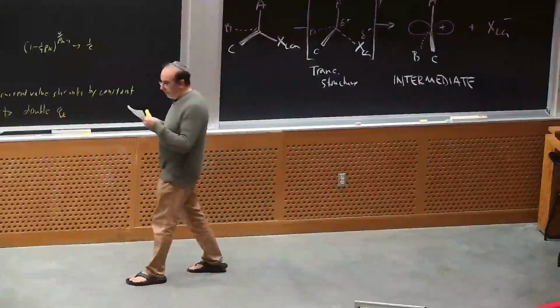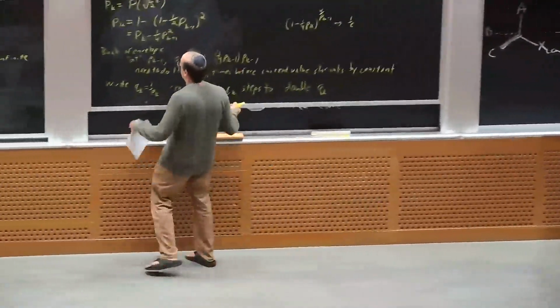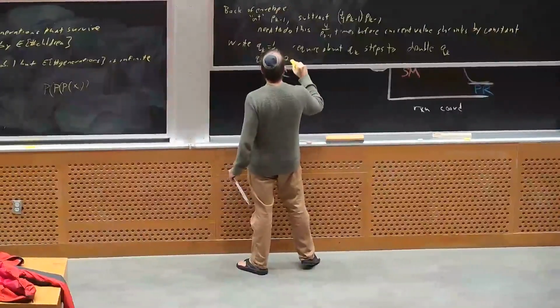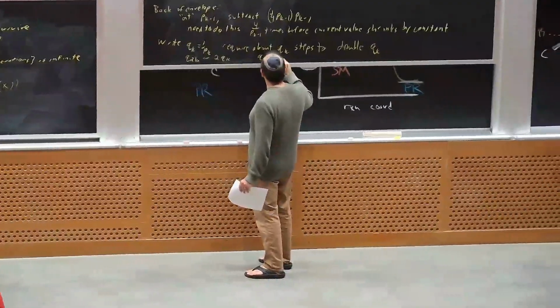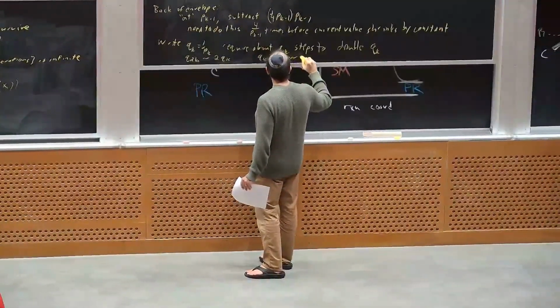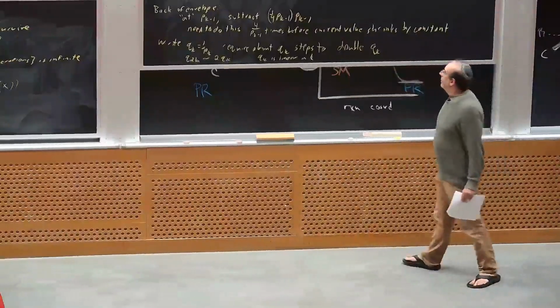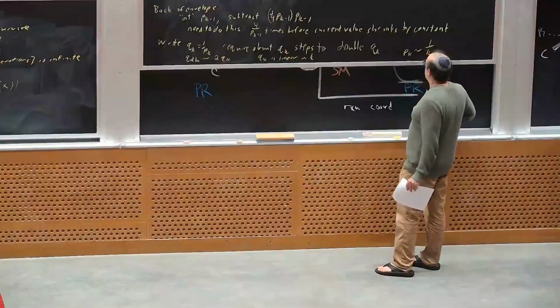Which is just saying that q sub 2k is about 2 times q sub k, which tells you that q sub k is linear in k. Which means that we should expect P sub k to be about 1 over k.